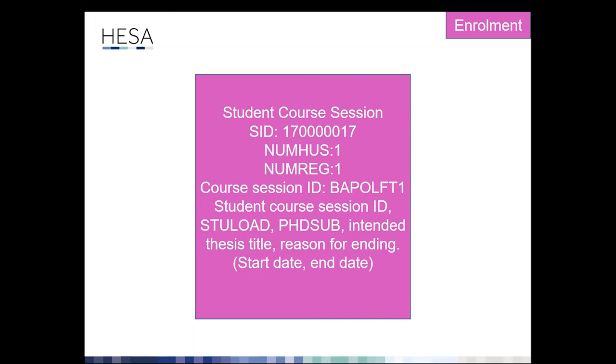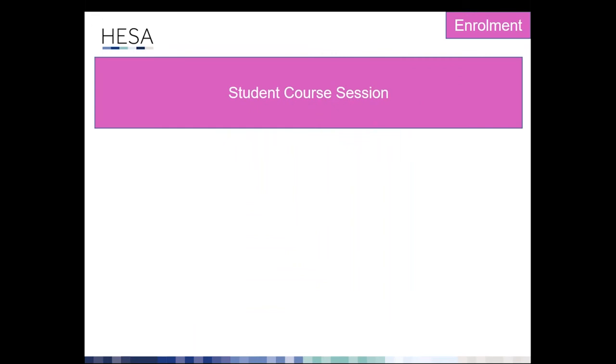So the student course session itself has a few fields on it, but there's quite a lot of information that hangs off the student course session, associated with a particular year of the course that a student is studying. I'll run through each of those entities now. So firstly, we have supervisor allocation. And again, this is for those doctoral research students.